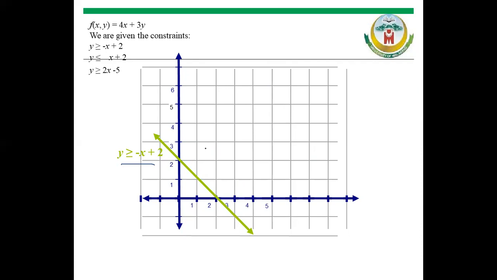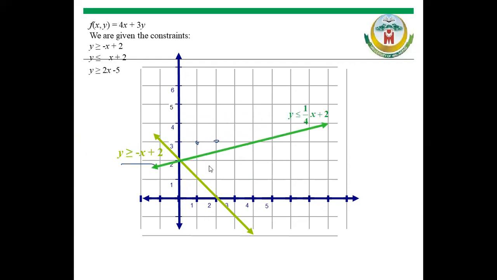You can try this constraint at any point. You can try it here, you can try it here, anywhere above this line this constraint will be true, and below this line it will be false.